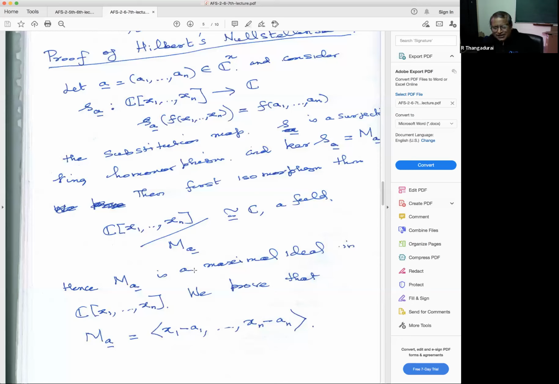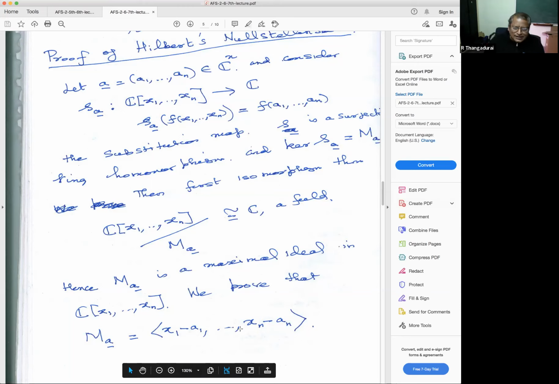The kernel is clearly a maximal ideal, because the quotient is isomorphic to C. This kernel is nothing but MA. What we have to prove is that MA is generated by the linear polynomials. That's what we first have to prove.